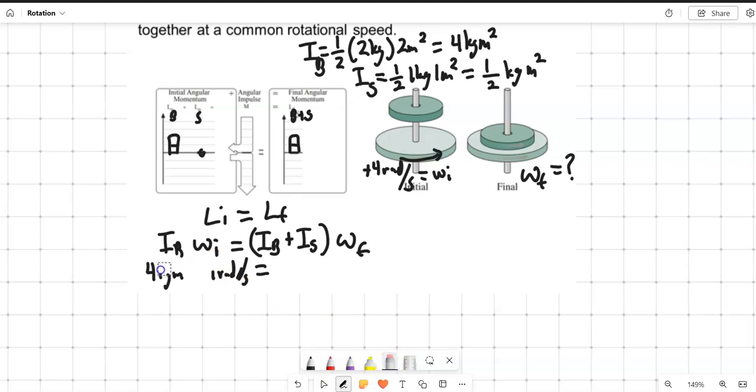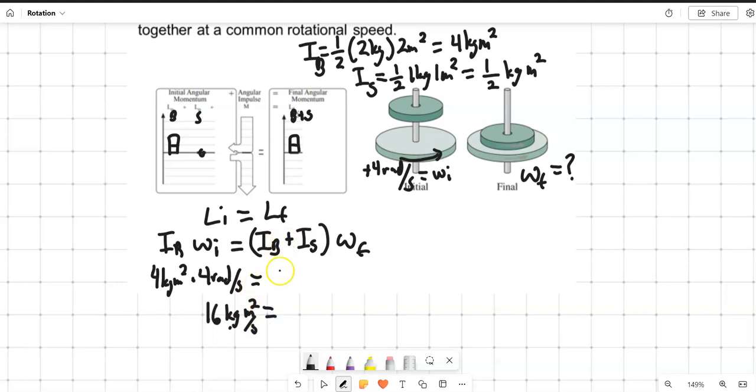Lost a little bit of room here. So this is going to be 4 kilogram meter squared times 4 radians per second. That's going to be equal to 16 kilogram meter squared per second on the left-hand side.